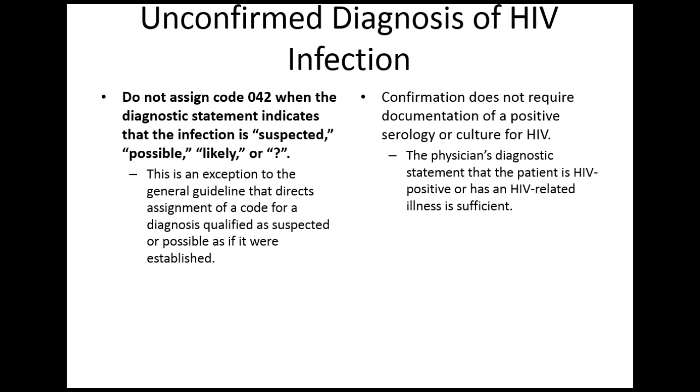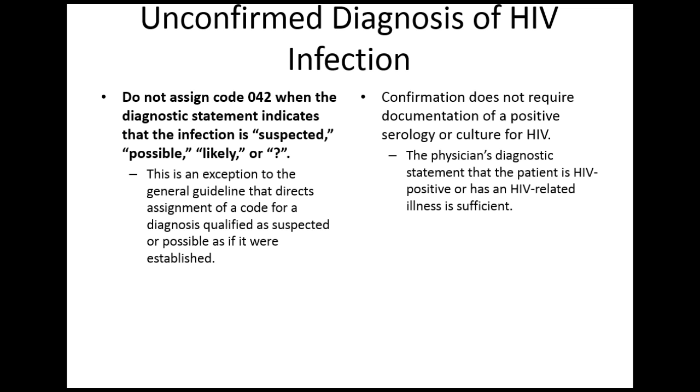It's important you do not assign a code 042 when the diagnostic statement indicates that the infection is suspected, possible, or likely. So this is a very important exception to the coding guideline that directs you to assign a code for probable or possible conditions.